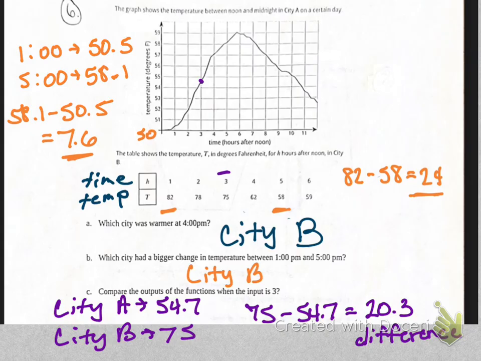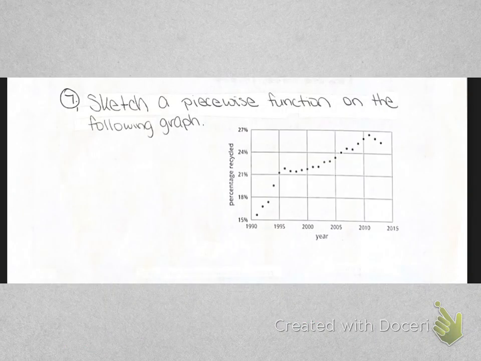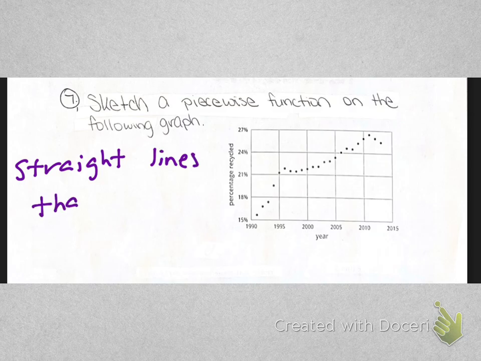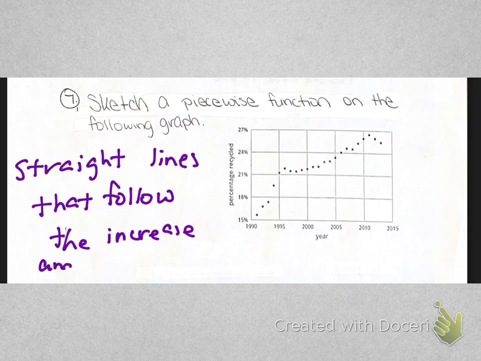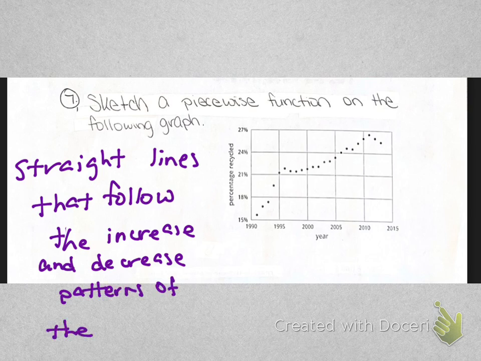All right, let's look at the next problem. Number 7, sketch a piecewise function on the following graph. So a piecewise function, remember, is straight lines that follow the increase and decrease patterns of the graph.